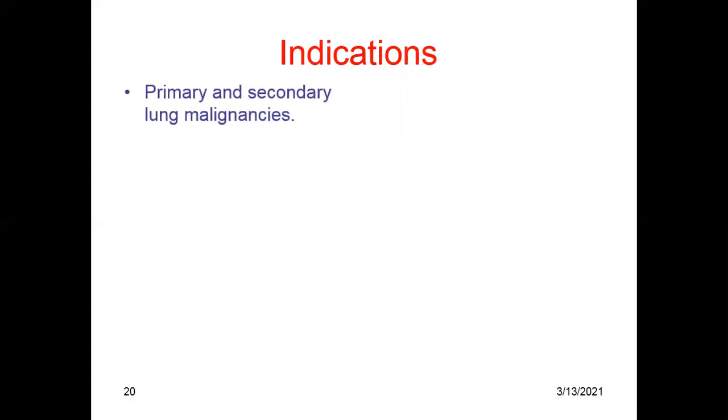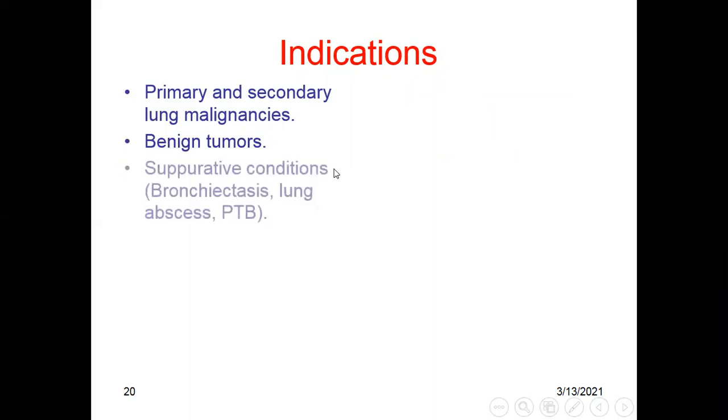Now, what are the indications for pulmonary resection? There are many indications. Primary and secondary lung malignancies are among the common indications. Benign tumors, suppurative conditions like bronchiectasis, lung abscess, and pulmonary TB.